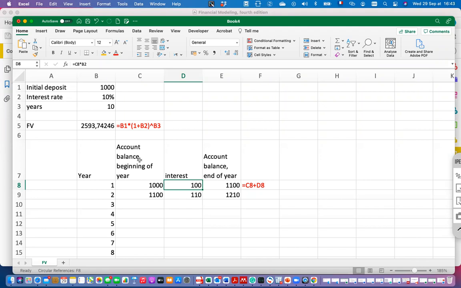Even if I scroll down for the other cells, keep this particular cell constant. Okay, so I'll go here and add the dollar sign, as you can clearly see here. So it becomes C8 times $B$2. By doing so, I'm automatically giving instruction to Excel to keep the interest rate fixed, constant.